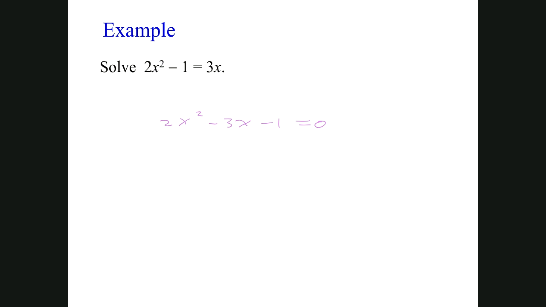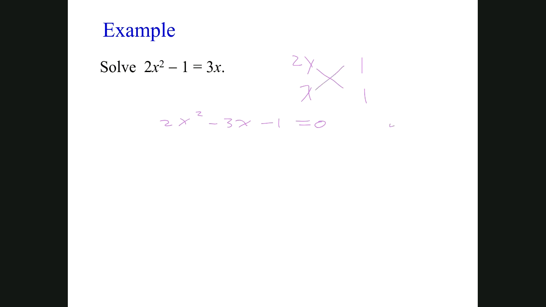And I usually like to try to factor first, right? So if I try to see if I can factor this one, the answer will probably be no. I cannot factor this one right here. Look at that. If I have a 2x squared, I can factor 2x and x, right? And then for 1, the only thing I can factor is 1 and 1, right? So if I multiply 2x times 1, I got 2x.